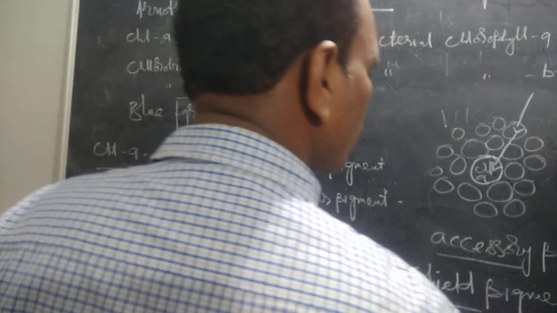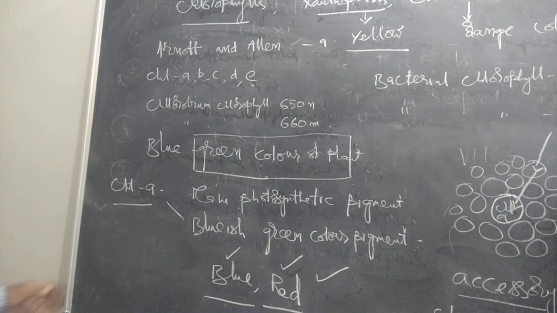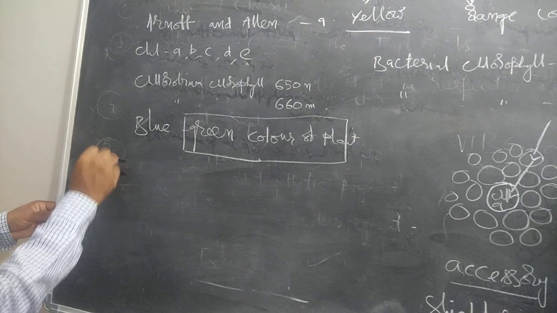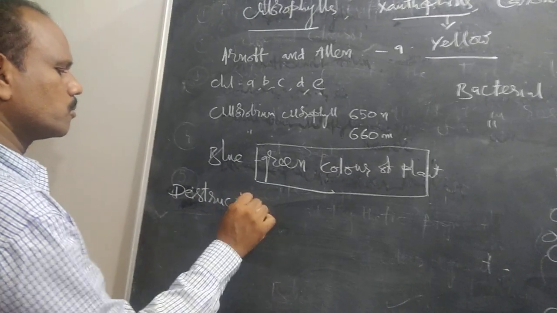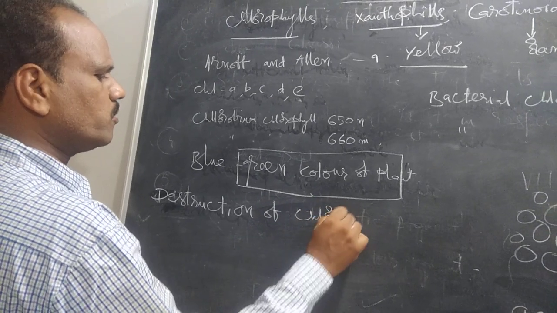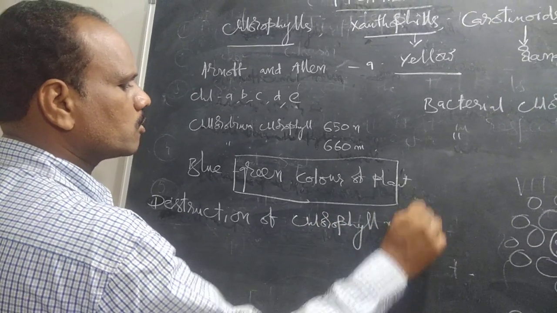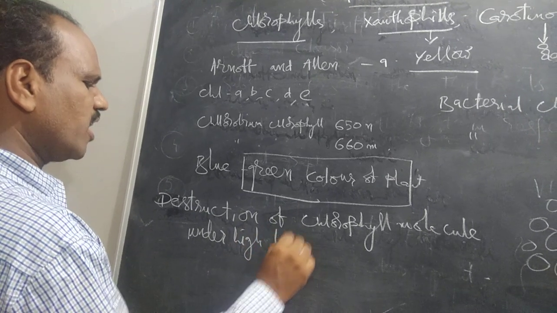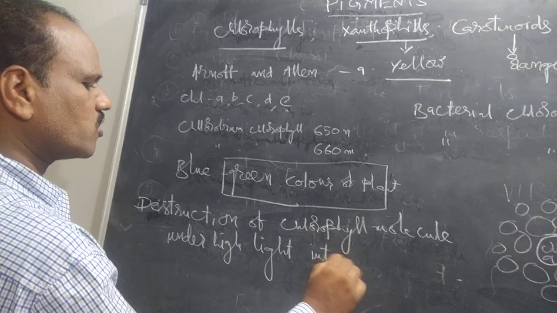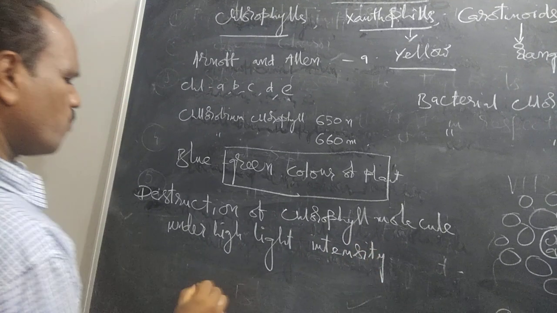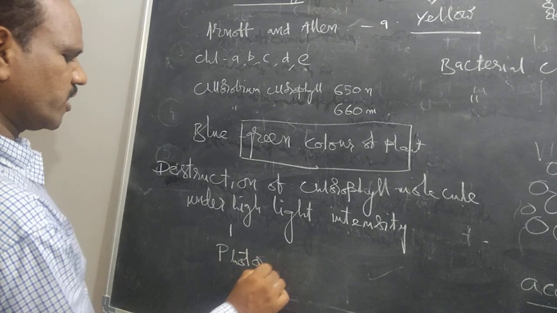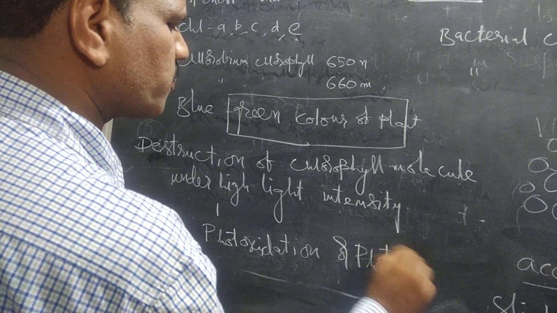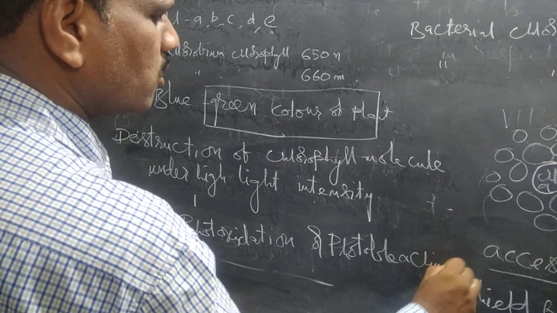The destruction of the chlorophyll molecule under high light intensity is called photooxidation, or photobleaching.